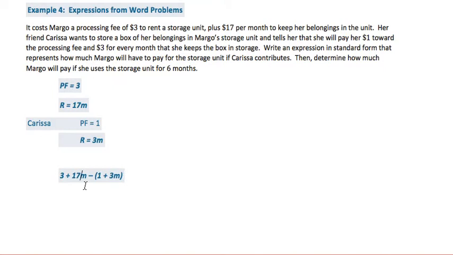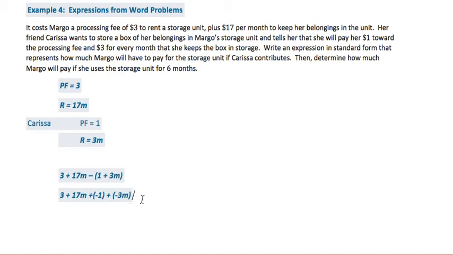And we'll do that the same way we've been working on these. 3 plus 17n. I'm going to change that subtraction to addition. And each of those terms will have to be the opposite. So negative 1 plus negative 3n.